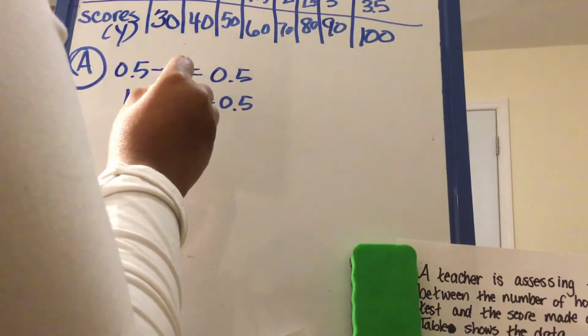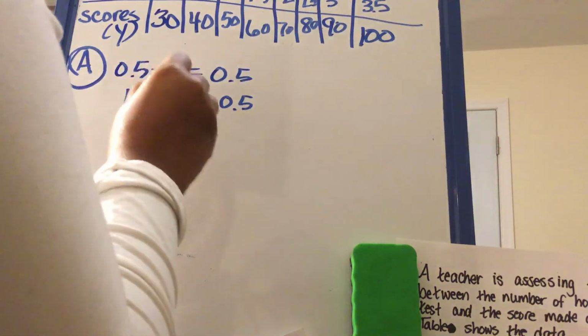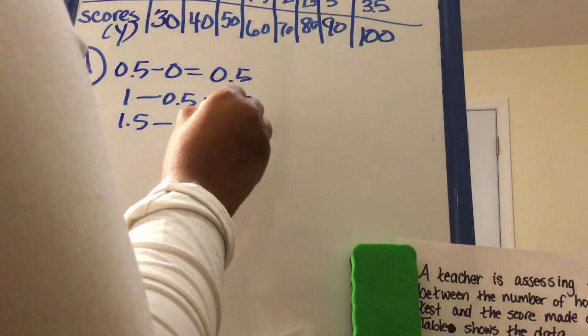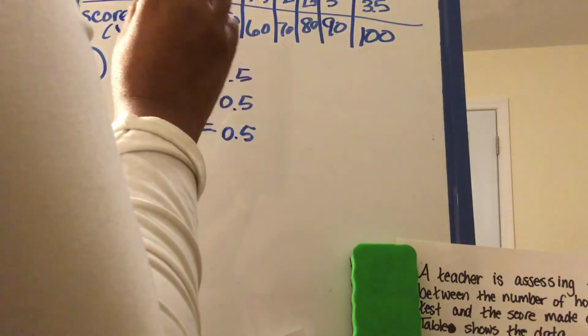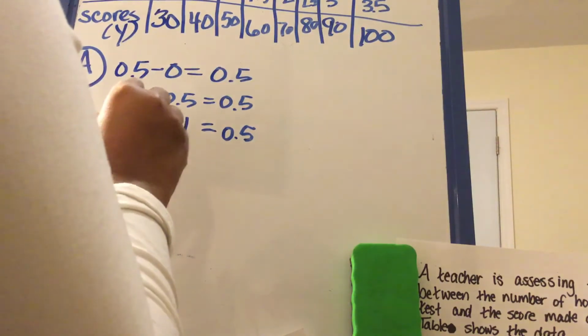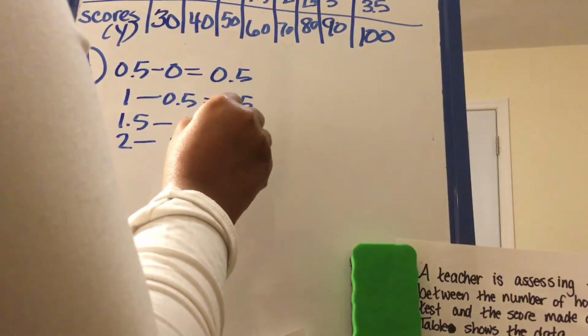So, now I got 1.5 minus 1. And that is 0.5. 2 minus 1.5. And that is 0.5.